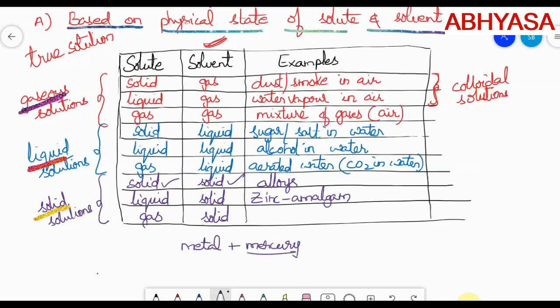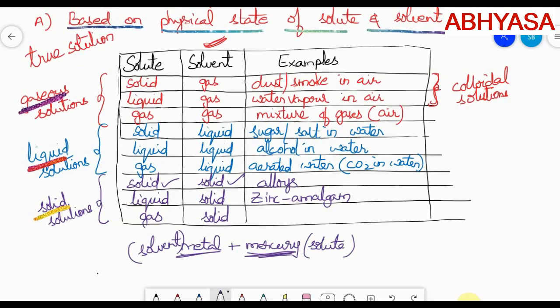Mercury is the solute which will be present in smaller amount, and the metal will be present in larger amount, and that will be considered the solvent. So all amalgams where metal is in contact with mercury come under liquid in solid type of solution.